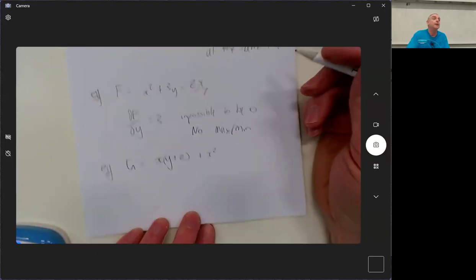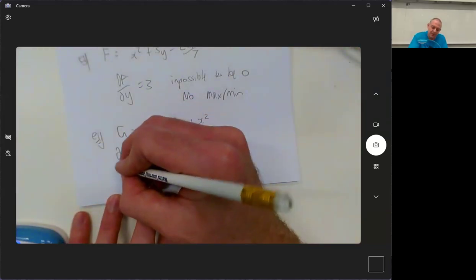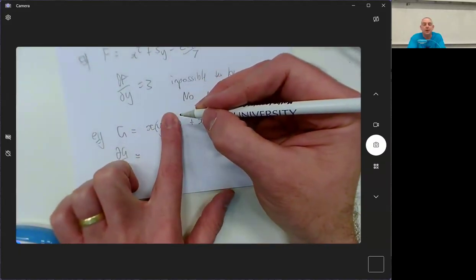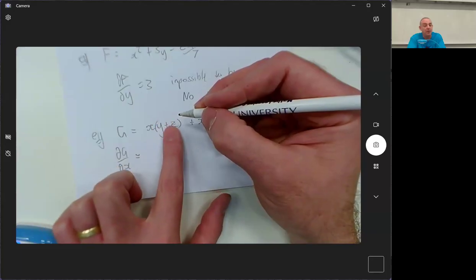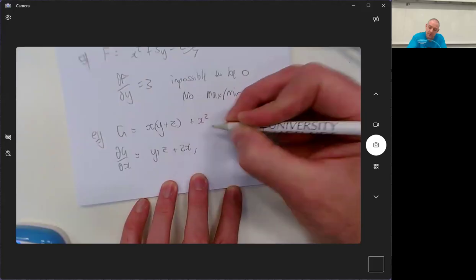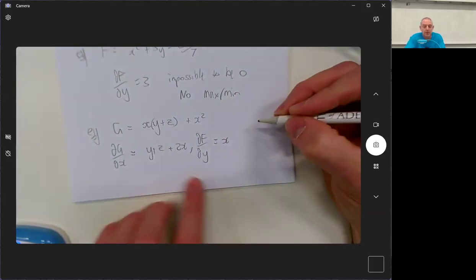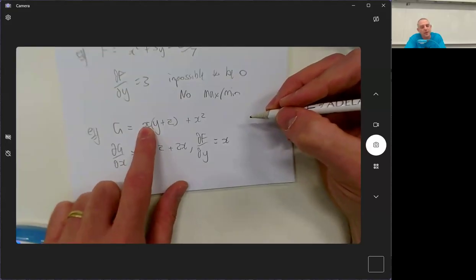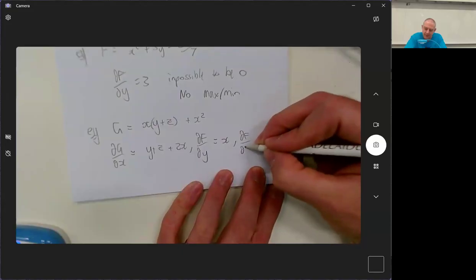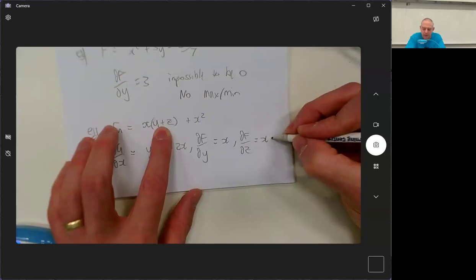Well, let's see what happens. Okay. So dg/dx, if this was a number it would be left behind because x times a number, so that would be y plus z plus 2x. df/dy is x, because the x will still be there because it's multiplied on, and then the derivative of y is 1, and then df/dz is, the x will still be there because it's multiplied on, derivative of z is 1.